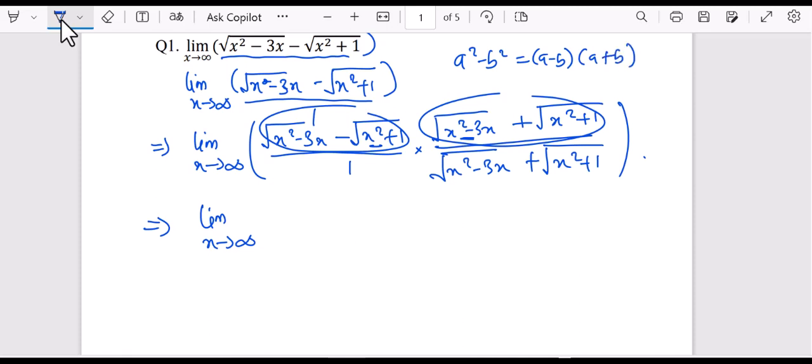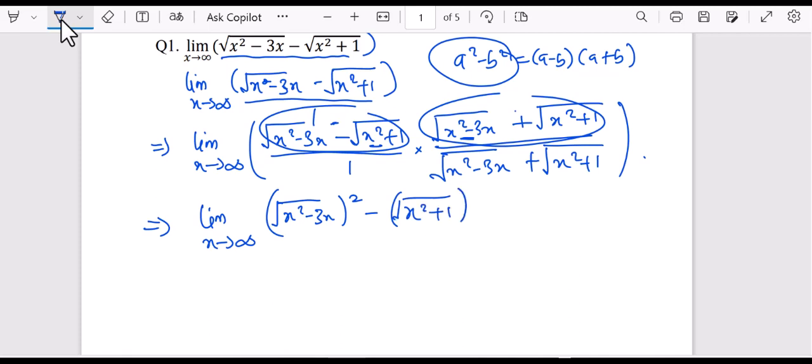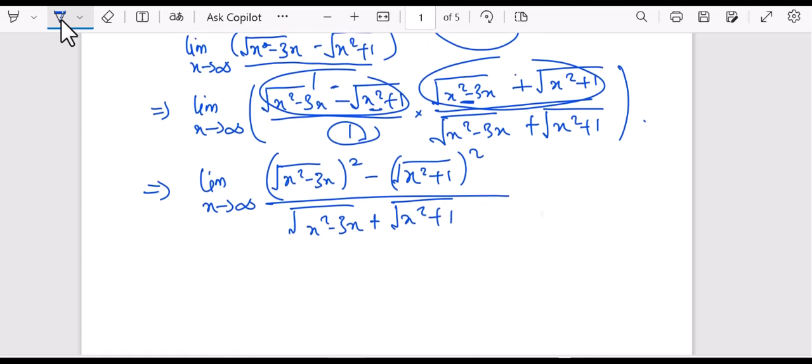So we can just combine the two terms and write it like this: root of x squared minus 3x, all squared, minus root of x squared plus 1, all squared, all over 1 multiplied by the denominator, root of x squared minus 3x plus root of x squared plus 1.